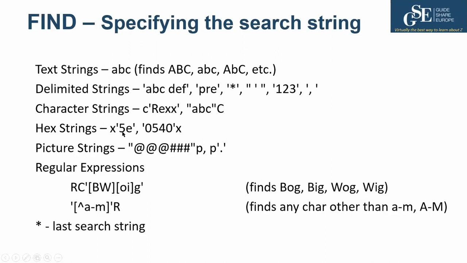Again, this is if you're looking for semicolons, but then you can create any even number of characters for a particular hex string you're looking for. Picture strings are wildcarding ones, as are regular expressions. Regular expressions have much more capability than picture strings, but you pay a price. There's a learning curve for regular expressions. And lastly, the asterisk there represents the last search string.